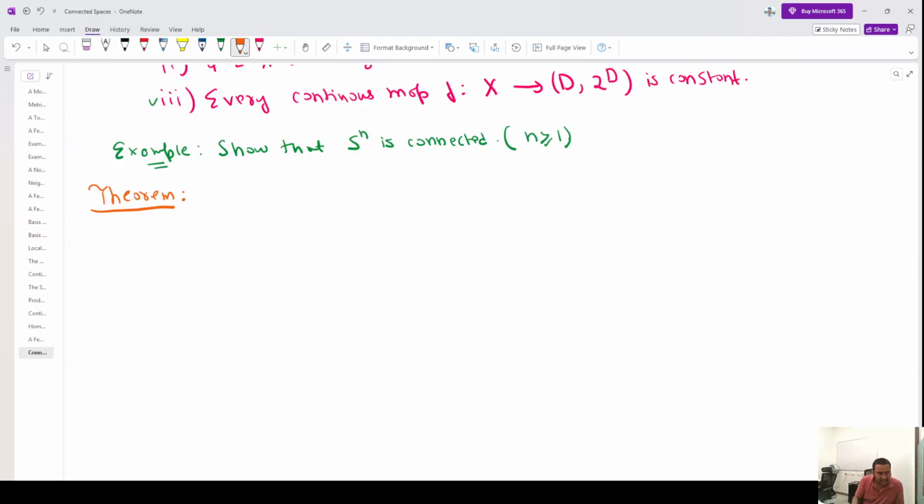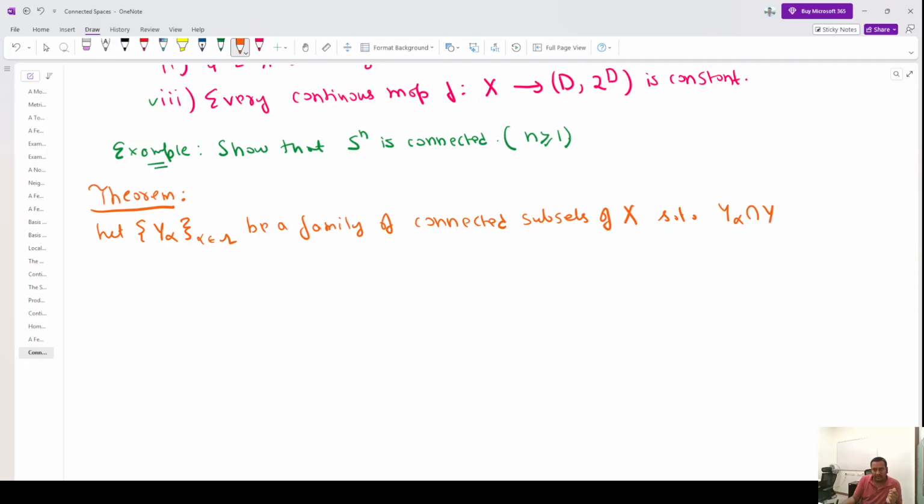Let me forward the statement. Let me see. So let Y_alpha, alpha in some capital Lambda, be a family of connected subsets of X such that if you take any two distinct ones, then their intersection is non-empty.